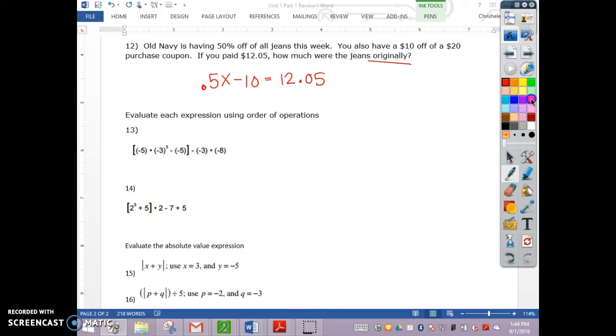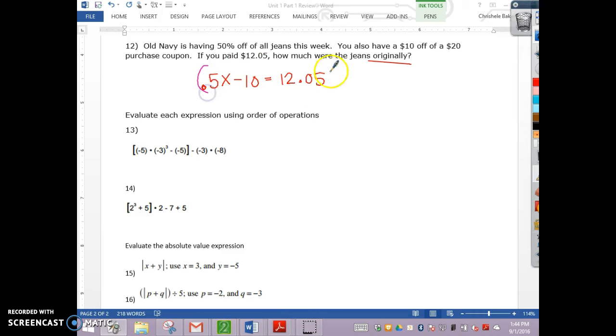If we want to get rid of all of these decimals, we can move everything over twice, multiply by 100, that'll get rid of everything. So that's going to give me 50x minus 1,000 is equal to 1205. Add 1,000 to both sides.